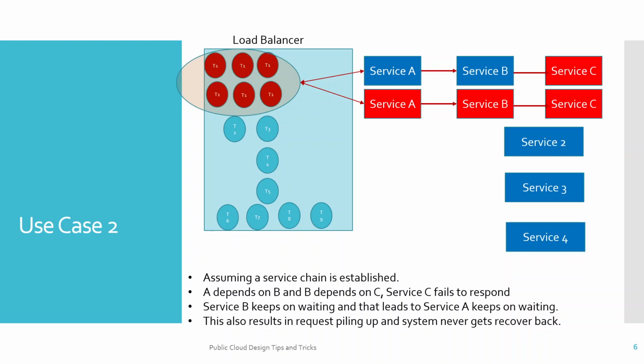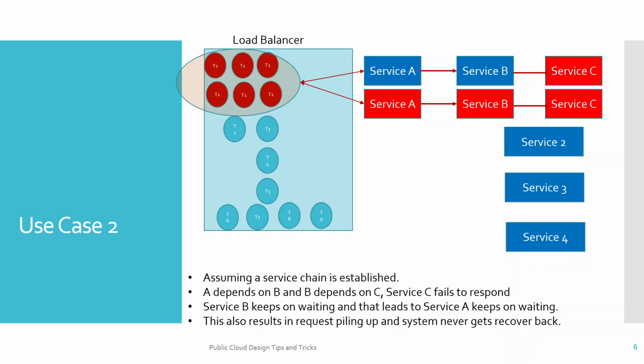Use case 2 is a different kind of scenario than use case 1. Let's say there is a situation where you have a lot of backend services, service A, B, C, service 2, 3, 4. But the operating model of services A, B, and C is more of a chain structure.